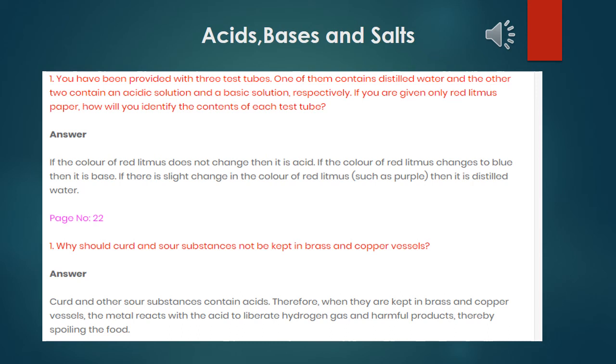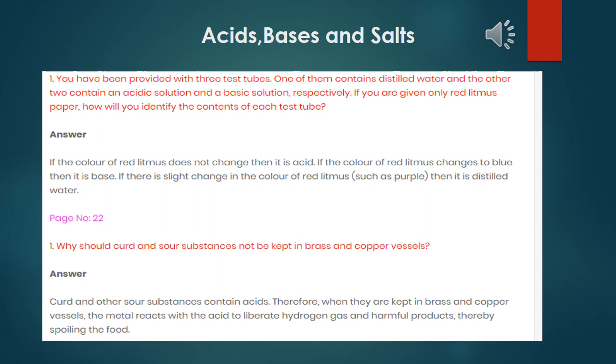So if the color of the red litmus does not change, then we can say it is acid, because it is already red. If the color of the red litmus changes to blue, then it is base. And if there is a slight change in the color of red litmus, such as purple, then it is distilled water. Or we can say, if there is no change.